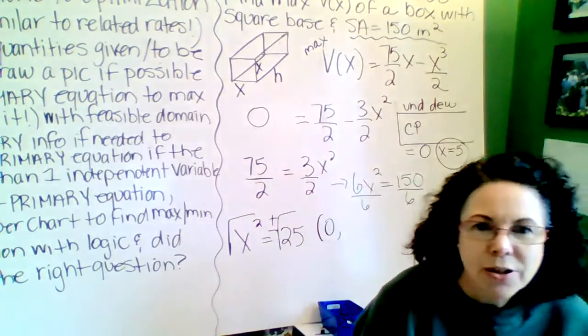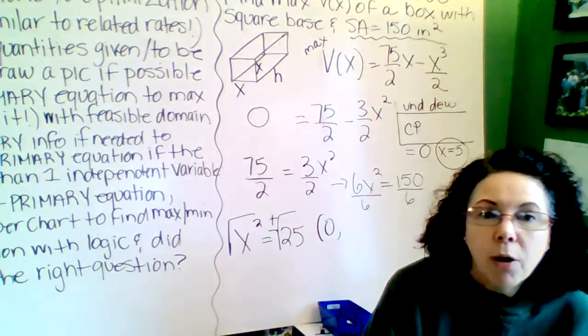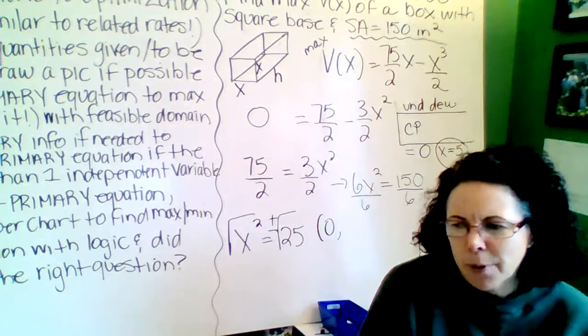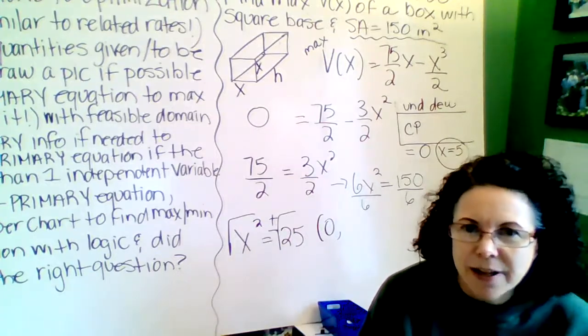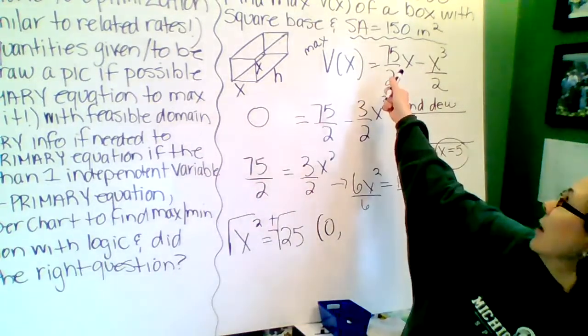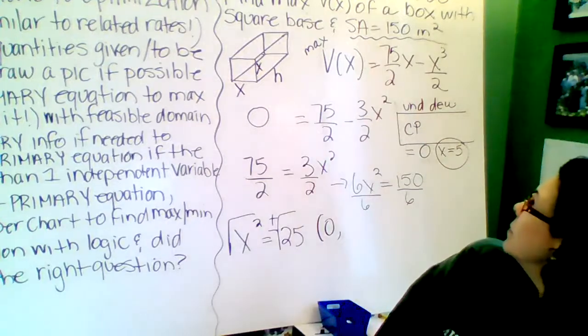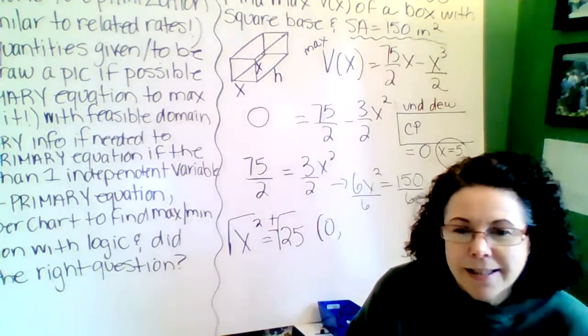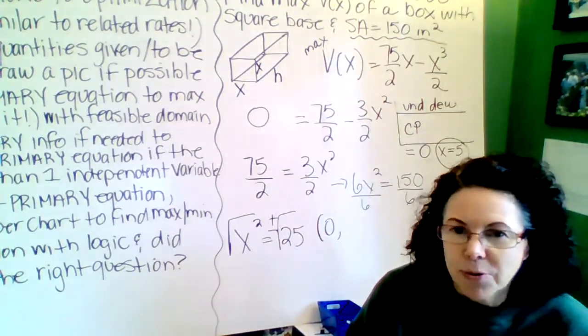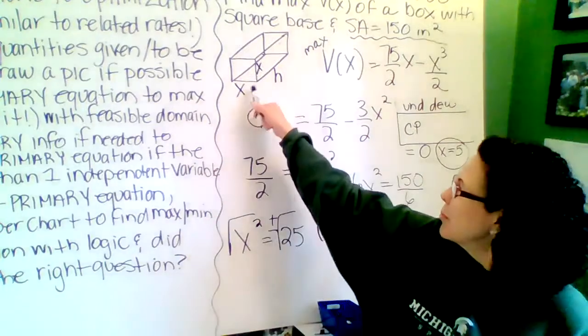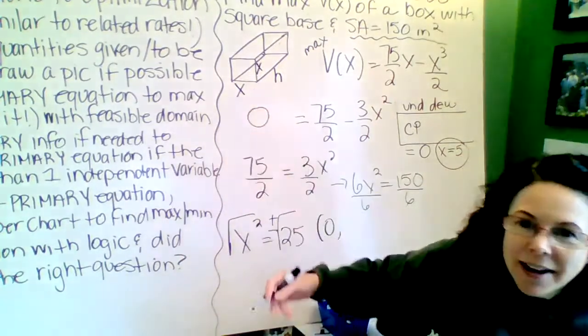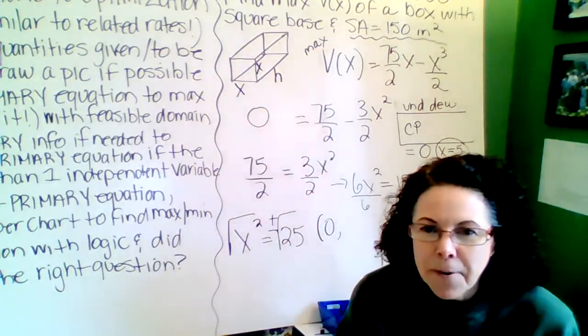Now, what logically is the domain going to be? We won't come up with a specific number. We'll put to infinity, but let's face it, if the surface area is only 150 inches squared, let's think about that. What is the most? About the square root of 150, right?